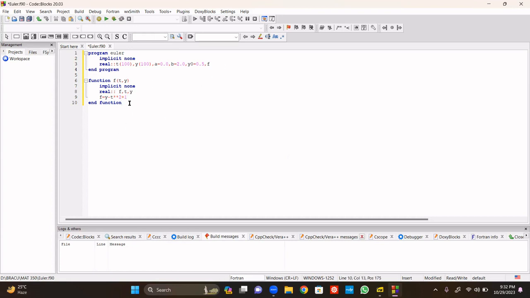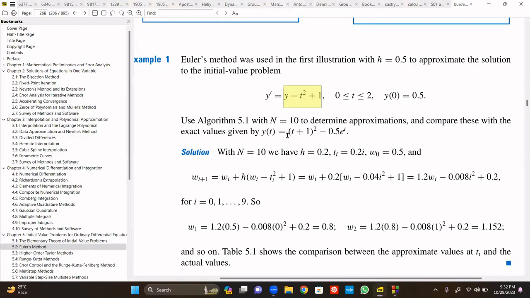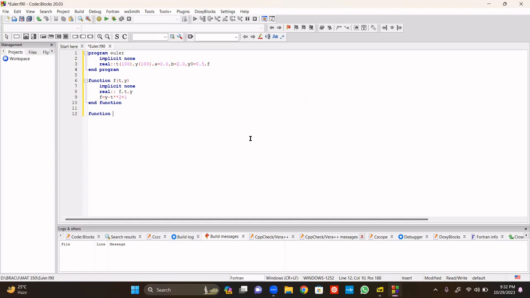Okay, let's write another function already for the actual solution. We have the actual solution here, y(t) equals (t plus 1) whole square minus 0.5 e to the power t. Let's write a function, say for example, the name is ACT, short for actual. It takes t as input. Let's write implicit none again, and real.